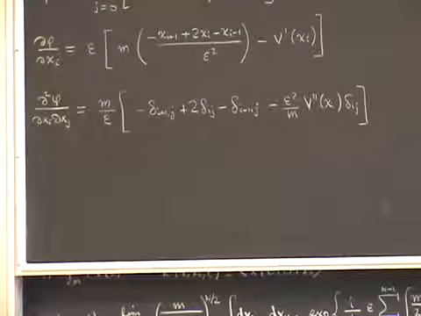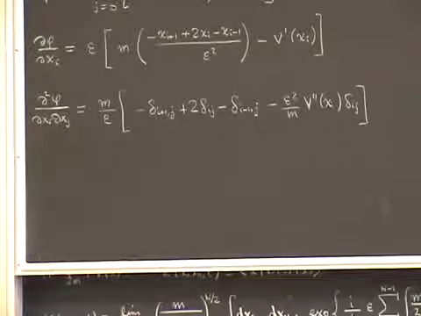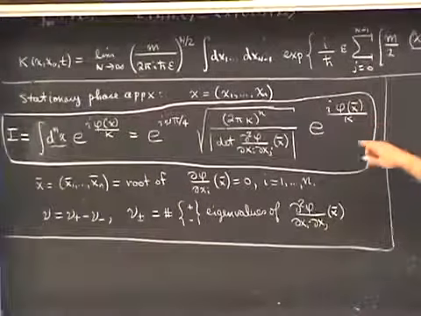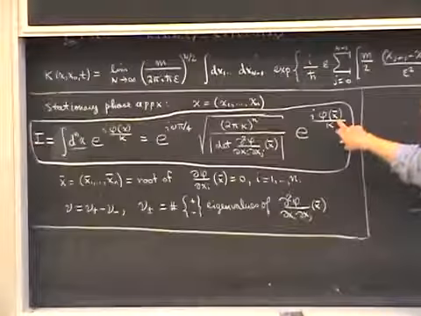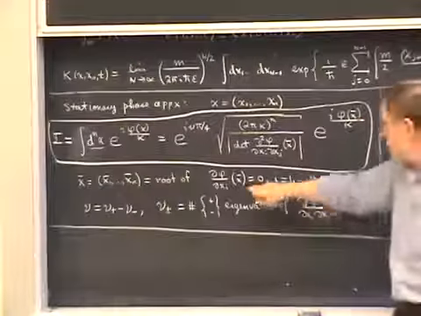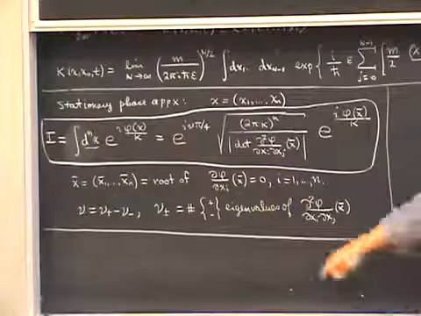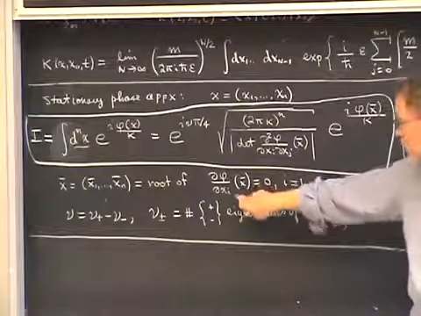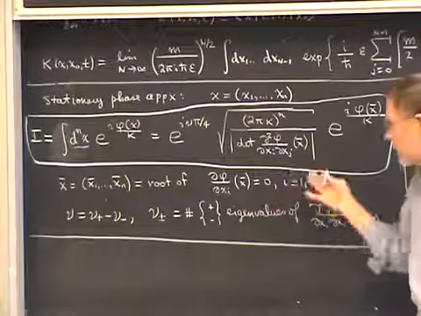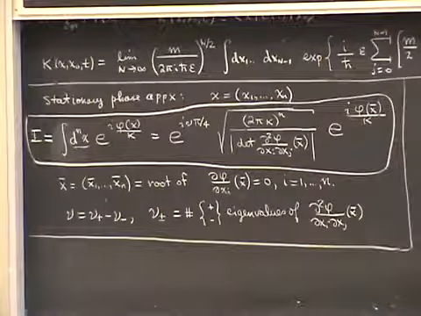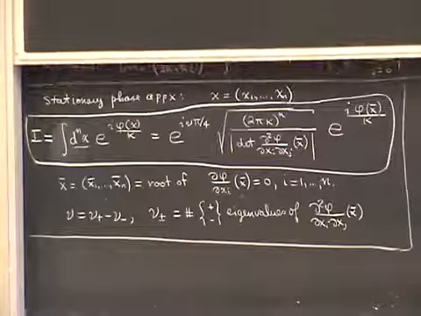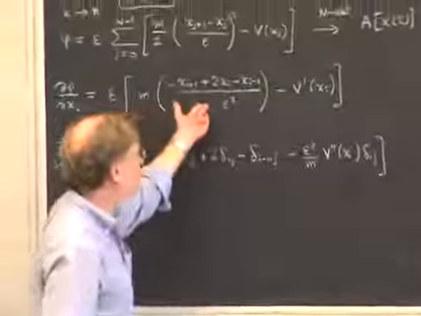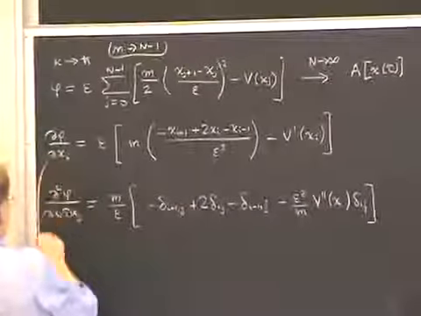Now, in applying the stationary phase approximation, the steps involved are basically these. The first thing is you need to find stationary phase points, the x bars that are indicated here. And those are the roots of the gradient of the phase function equals 0, the places where the phase function is stationary. That's why they're called stationary phase points. So in the application to the path integral, what we need to do is take these first derivatives here, which are written out here in general form, and set them equal to 0.